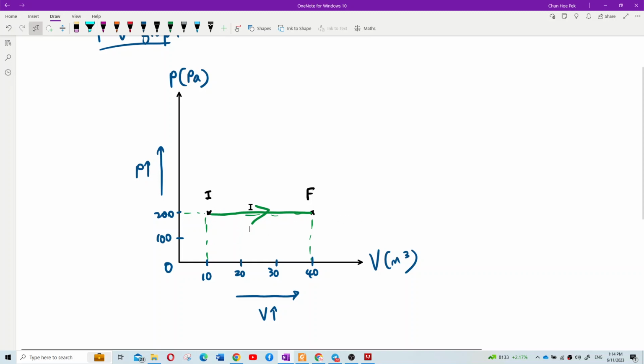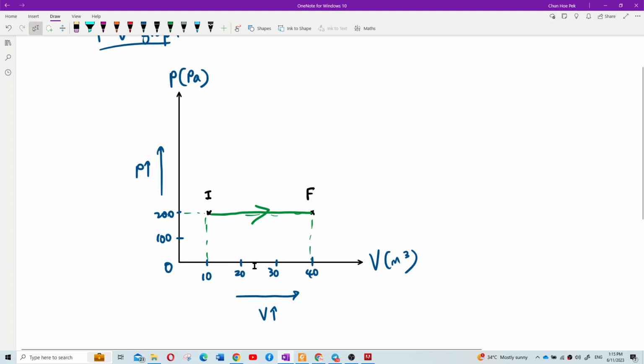So this line, can you tell me what happened in this process? Pressure is constant. Can you see that? But what happened to the volume, class? Volume increases from 10 to 40 meter cube.